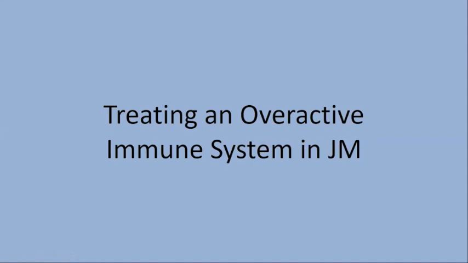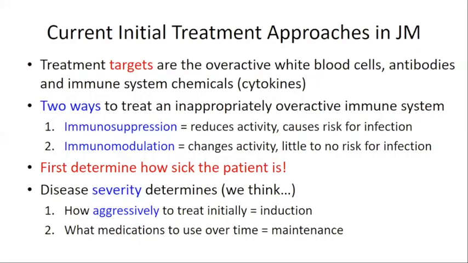Those immune system cells are attacking the walls of the blood vessels, the skin, and the muscle. So to treat an overactive immune system, we target those white blood cells. We are targeting the overactive white blood cells, antibodies that are attacking, and immune system chemicals, which we call cytokines.